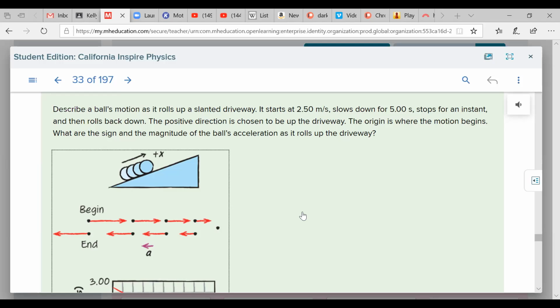But that's perfect. Mark, is there another reason why you can tell the red arrows are slowing down relative to acceleration? Pointing left.